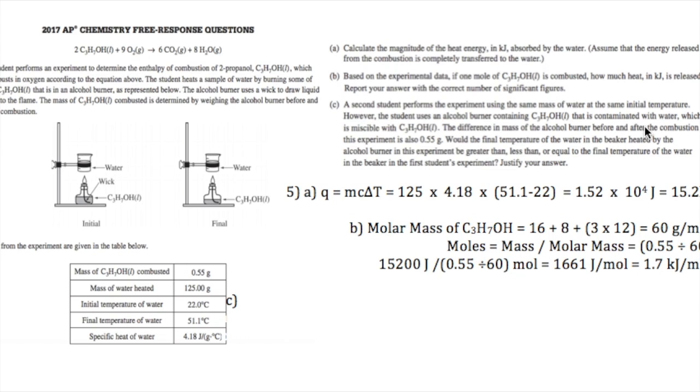So since there is less C3H7OH in the contaminated burner, this must result in less alcohol being burnt in the actual reaction compared to the one which is not.